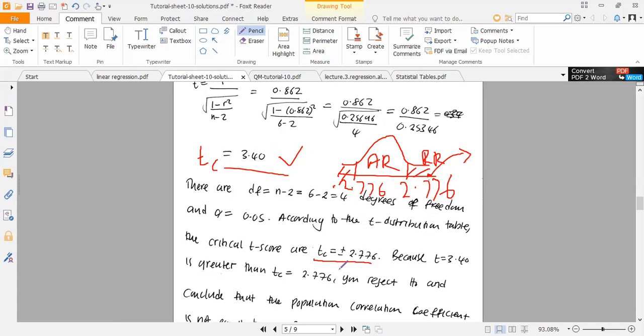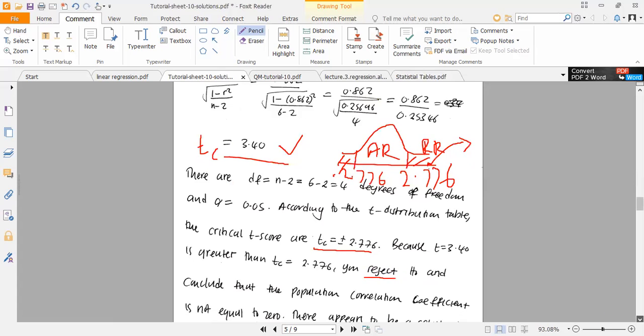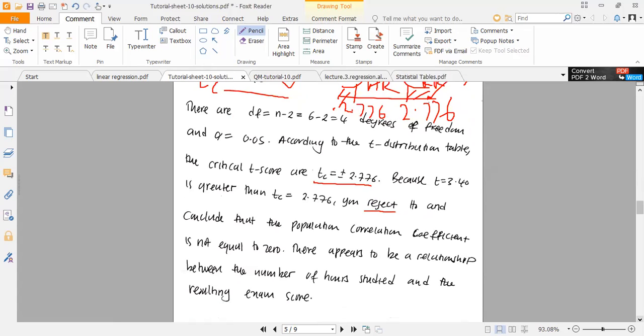So in this case, since it's greater than this, what are we going to conclude? We're going to reject H0. And we will agree to say that the coefficient of correlation has a significant relationship on the exam score.